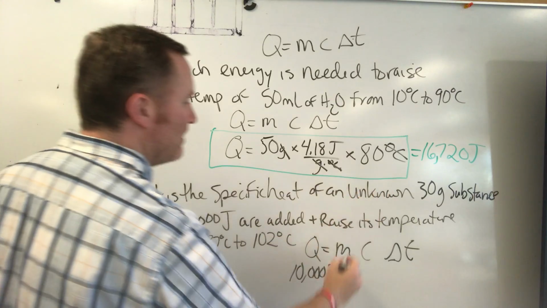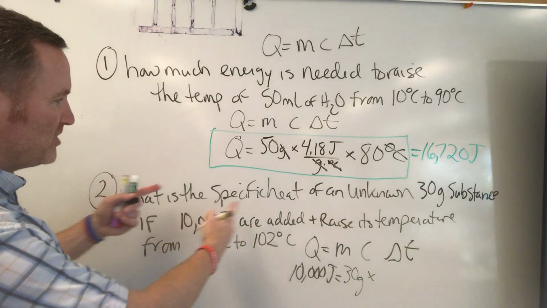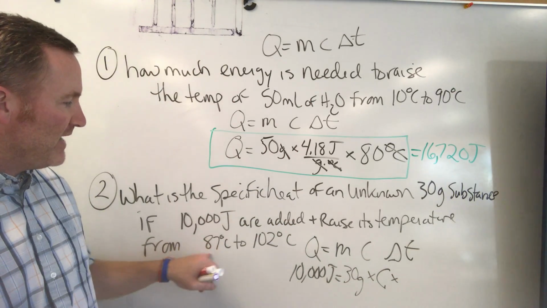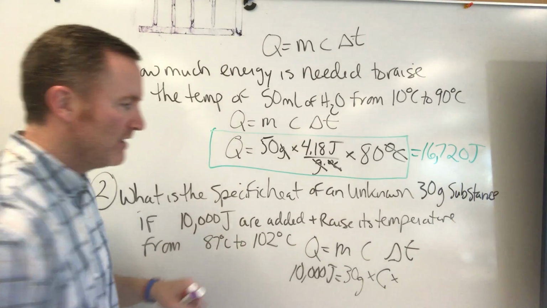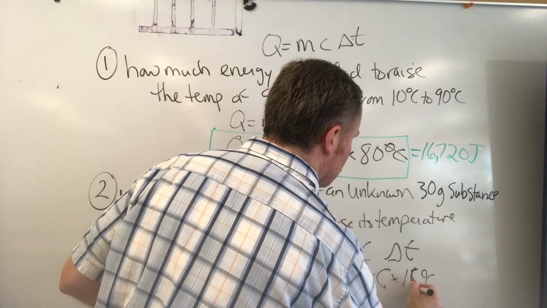I know the mass of the substance is 30 grams. I want to know what C is. The temperature went from 87 to 102, so it went up 15 degrees Celsius.